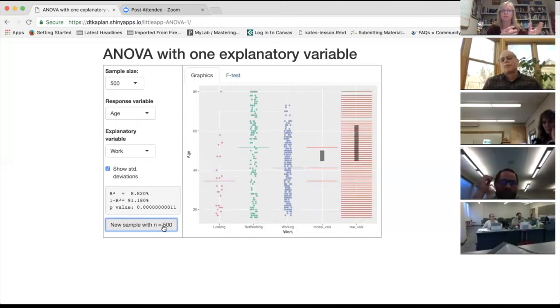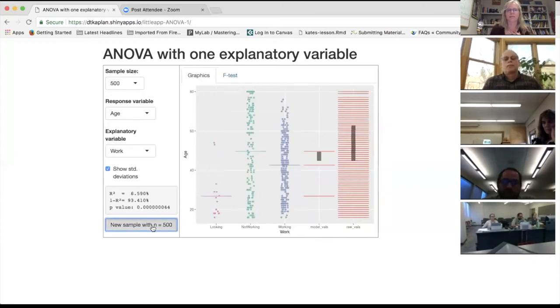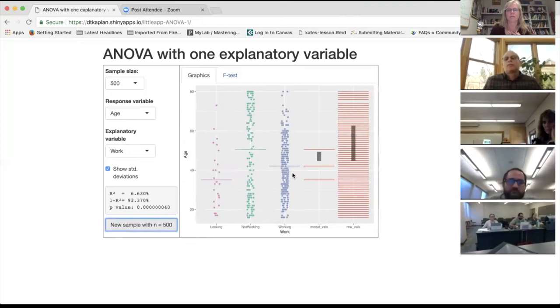You can actually use these throughout the whole semester to tie in the concepts all the way along and tie in the same data sets all the way along. So students are used to that same data set that they're working with and can see different kinds of concepts. And again, you can keep looking around at what's happening with these different samples. And you can see that there is definitely a spread between the average age, or the mean age, and what the variability is doing.